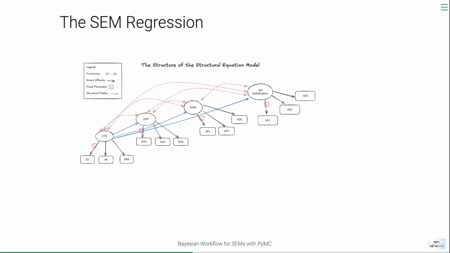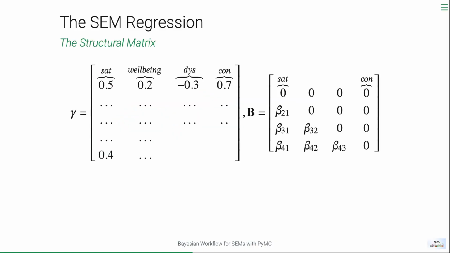So how do we specify that? Basically, it's matrix multiplication again. But instead of a set of beta coefficients like in a regression model, you build a B matrix. This is a matrix that you put through some fancy matrix multiplication, but you're basically saying, like we saw before, that we want to predict satisfaction as a function of well-being, dysfunction, and constructive thought processes.